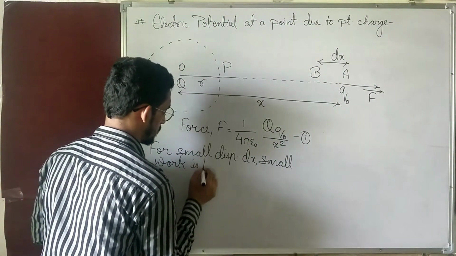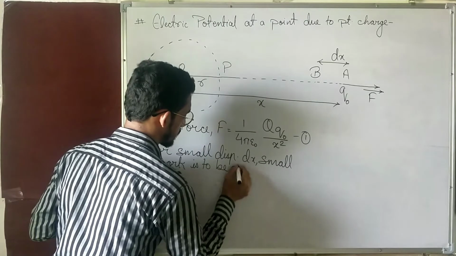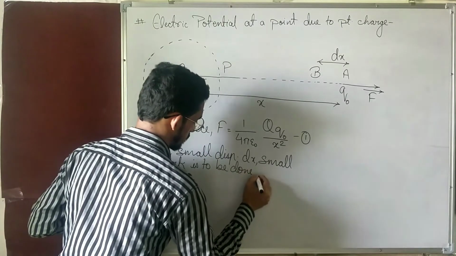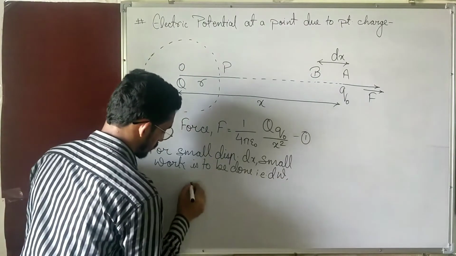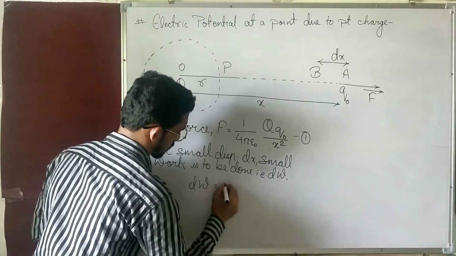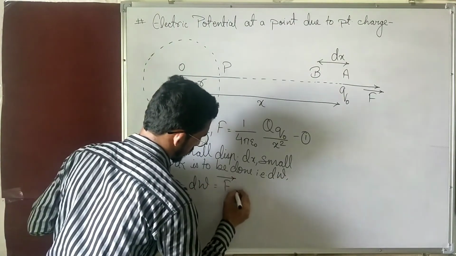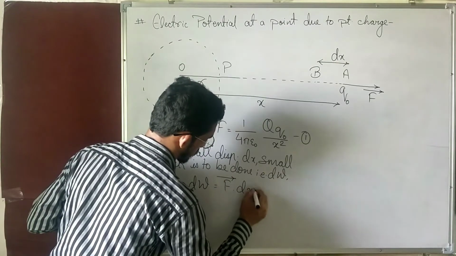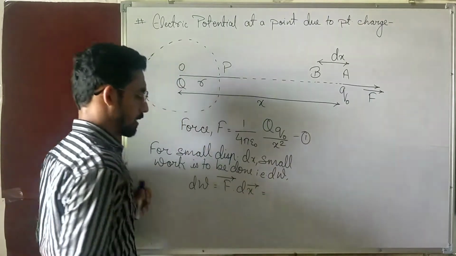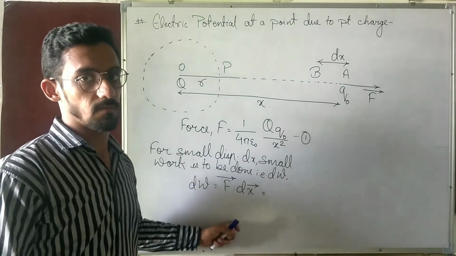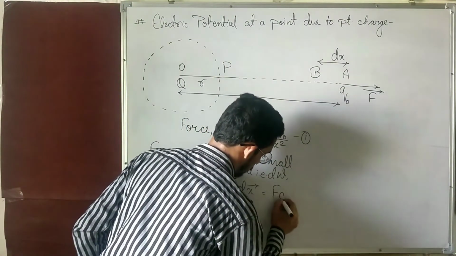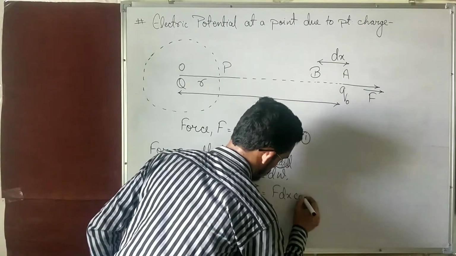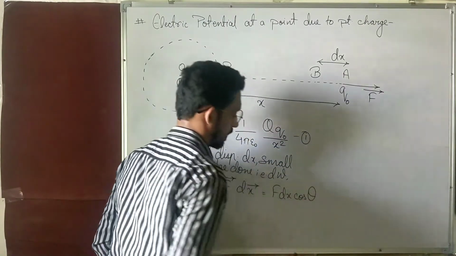Work is to be done, that is dw. So this dw will become equal to F dot dx. Since we know that work done is equal to force into displacement, it will become F dx cos theta.